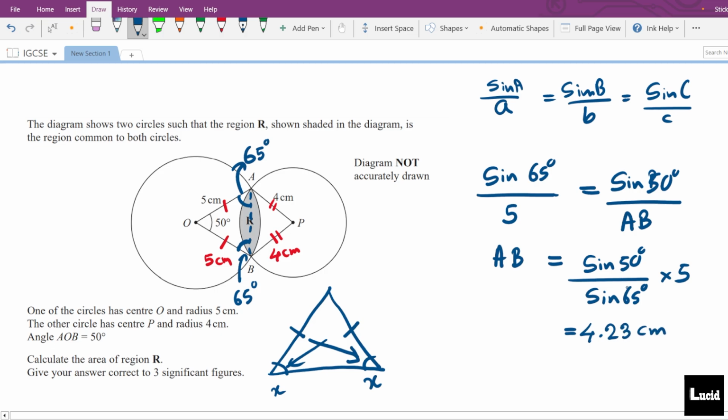Since you found that length, now you can easily find the angle APB. We are trying to find this angle. Since you know three lengths, you can find the angle using the cosine rule. So now I will use the cosine rule. The length AB is 4.23 centimeters.